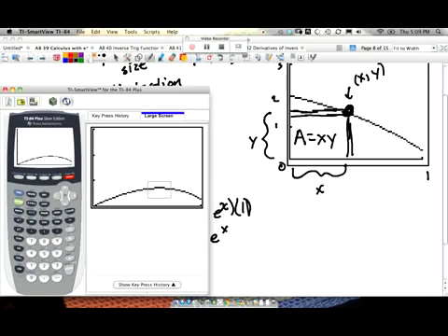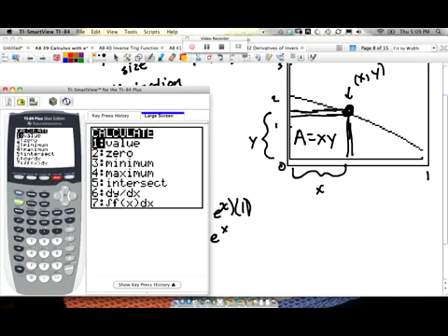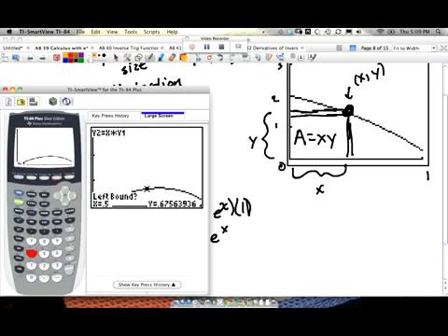It definitely looks like there is a maximum value about here. Can I calculate that maximum value? You betcha. Second, calculate, maximum. And sure, let's go from there. And we know it's between that point and a little bit further. Guess somewhere in the middle, about there.